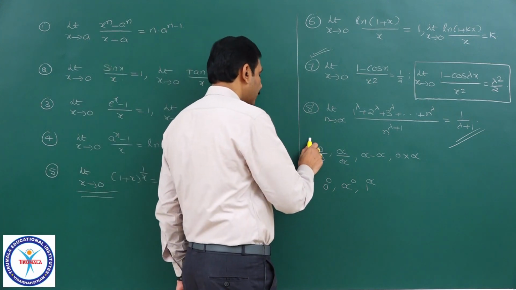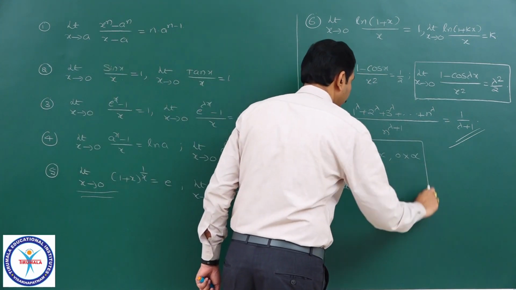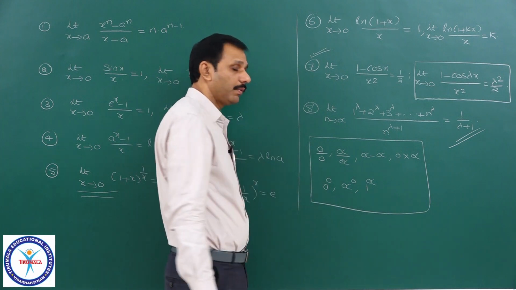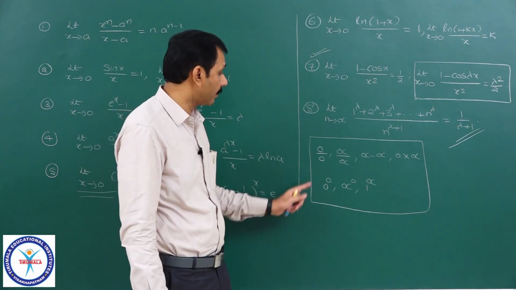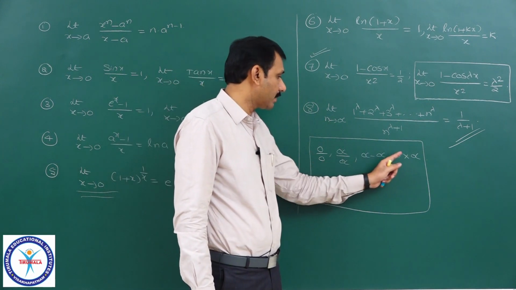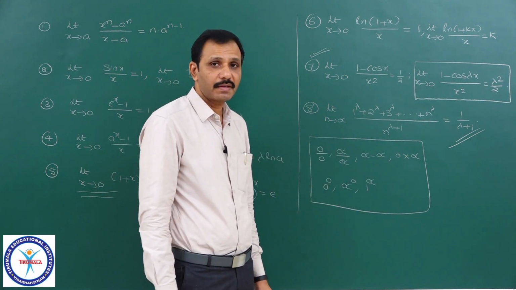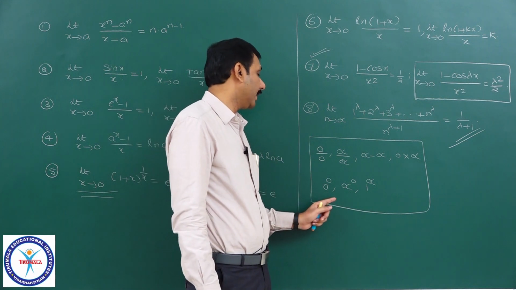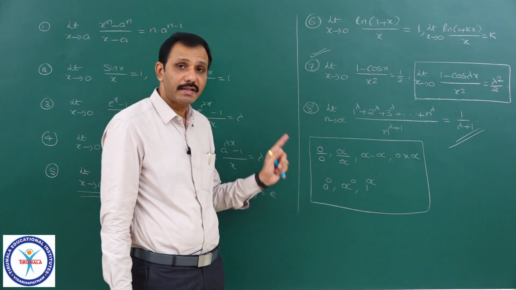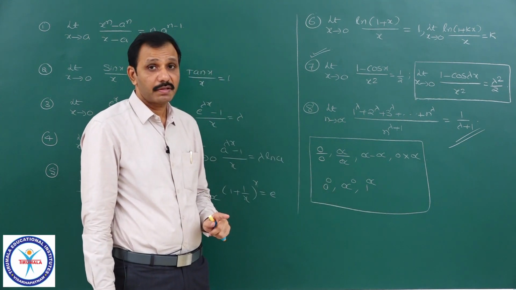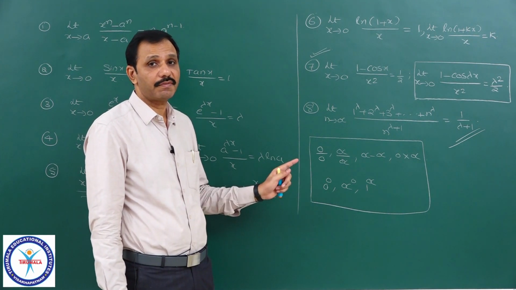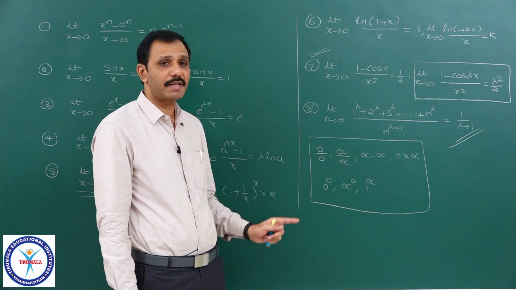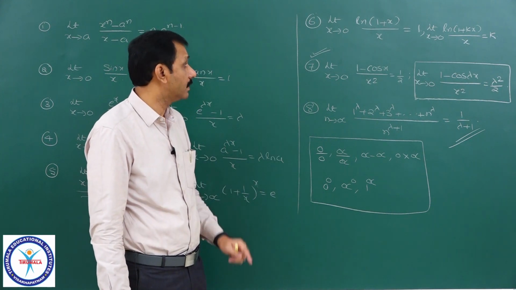Whenever you come across all these models, you cannot evaluate the limit directly. Whenever you come across these forms, you need to take care and you must eliminate that indeterminate form. The moment it is free from these indeterminate forms, we can evaluate the limits. Of course, we will see problems of all these models.